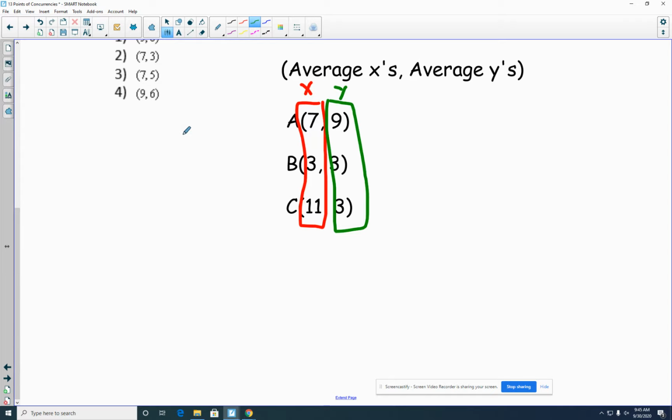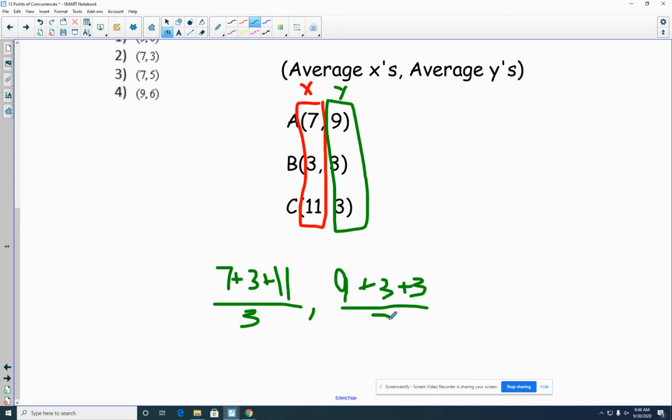So to find the average, we would add up our 3 x values, which is 7, 3, and 11, and we would divide by the number of values that you added up, which was 3. To get the average of the y's, you would add up your 3 values, 9, 3, and 3, and you divide by 1, 2, 3.